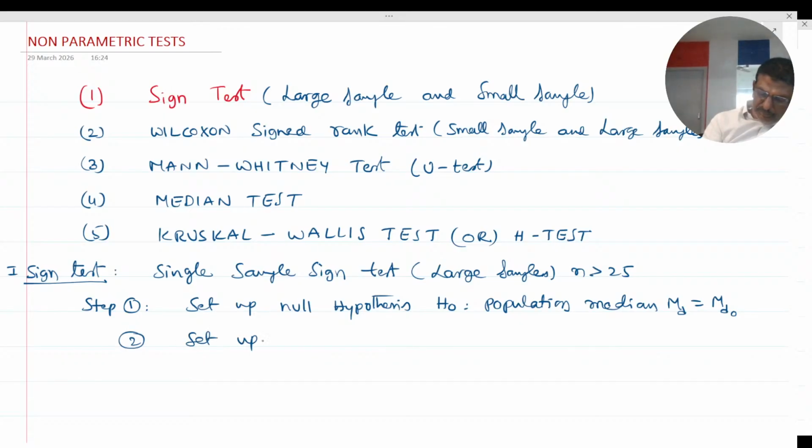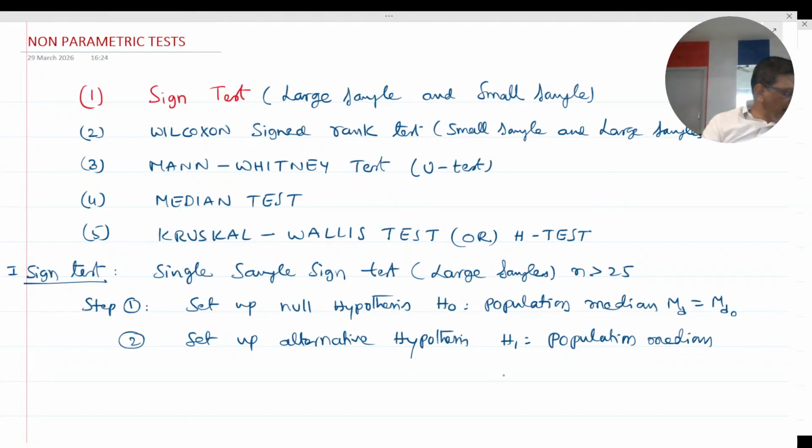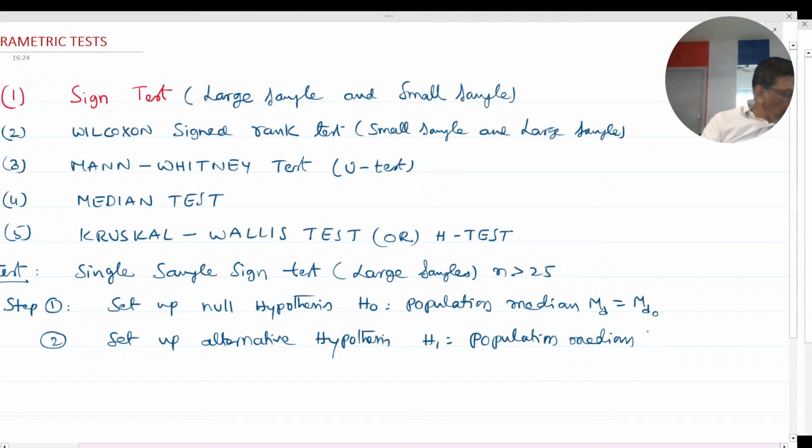Set up the alternative hypothesis H1: population median is not equal to Md naught. This is the first case.